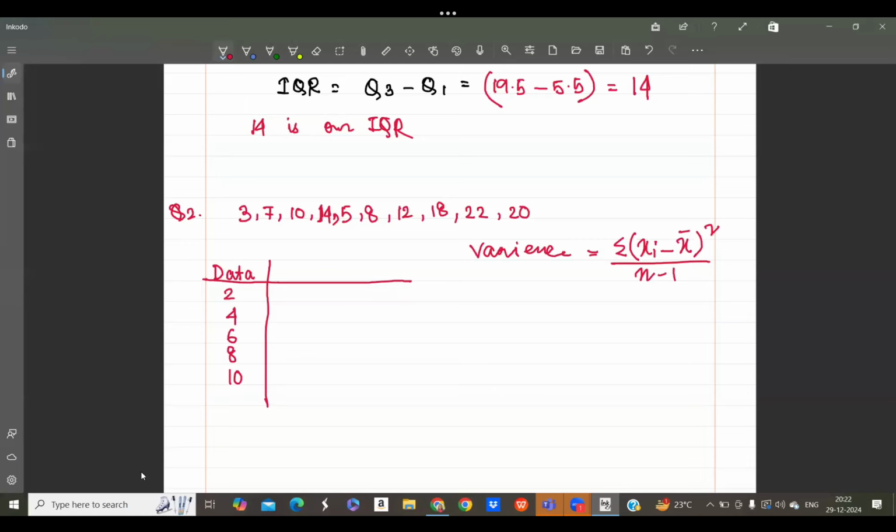So this is the data, and we need to find out the mean of it. कैलकुलेट करके थोड़ा बताओ क्या है इसका मीन.